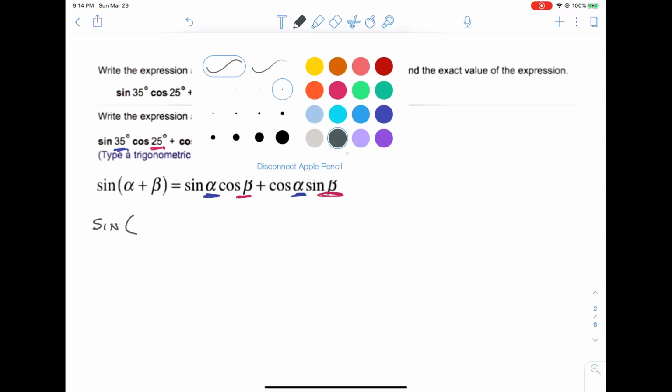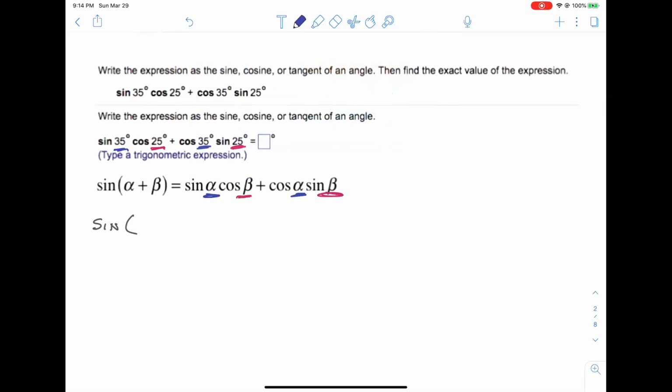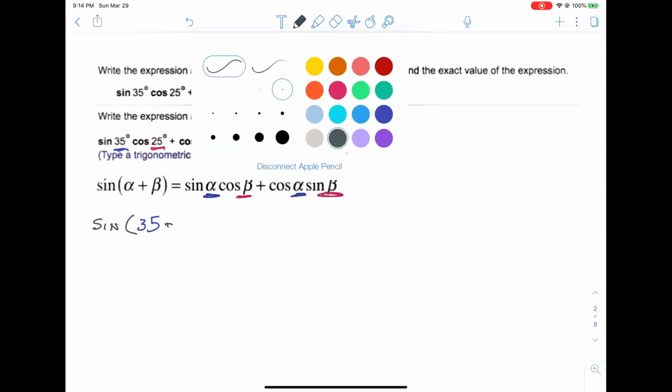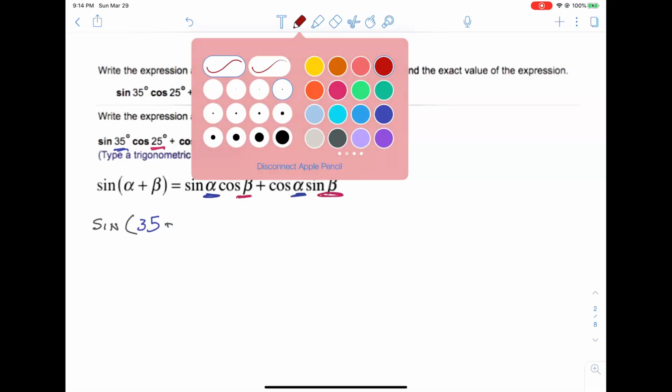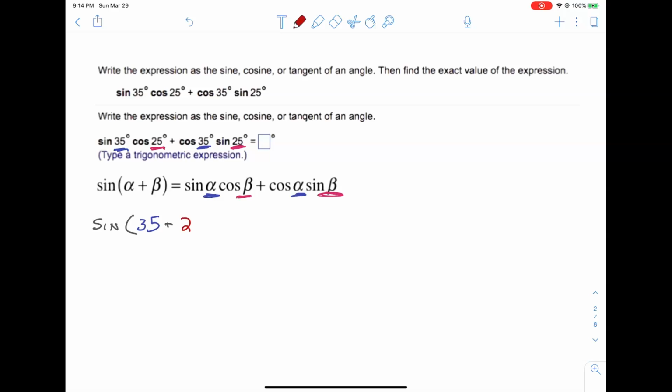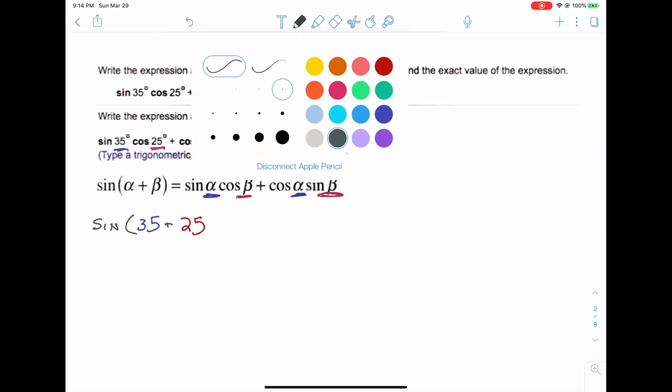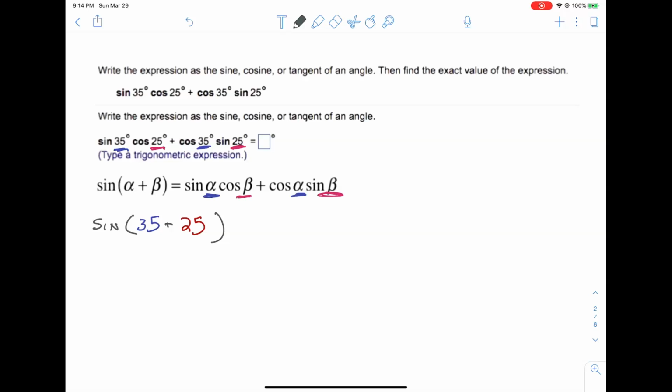And what's in the alpha spot? In the alpha spot, there was 35 plus beta. What was in the beta spot? That was 25, right? So that statement converts to this.